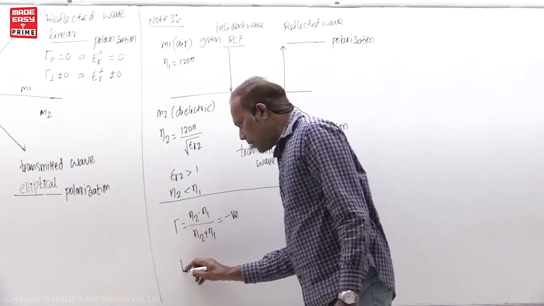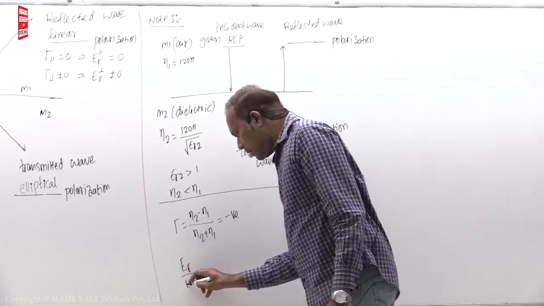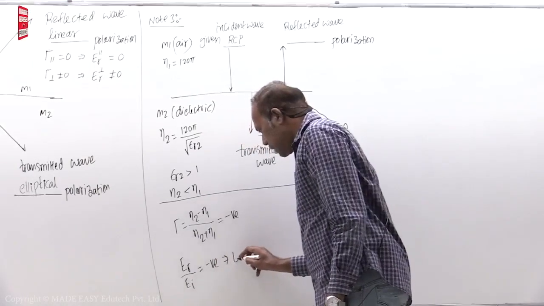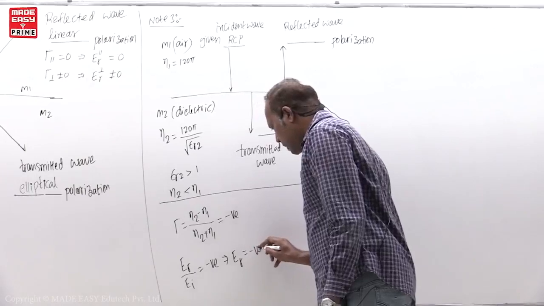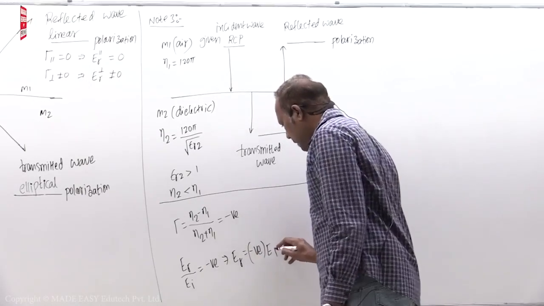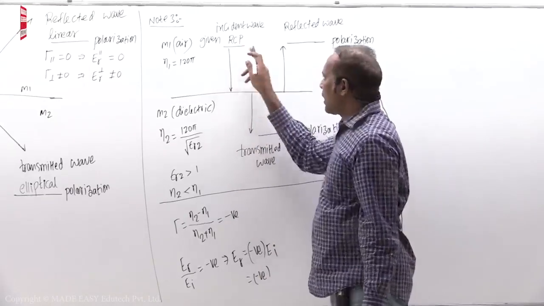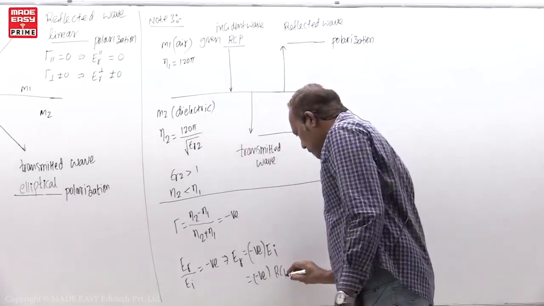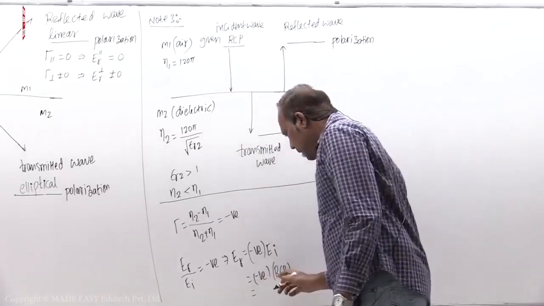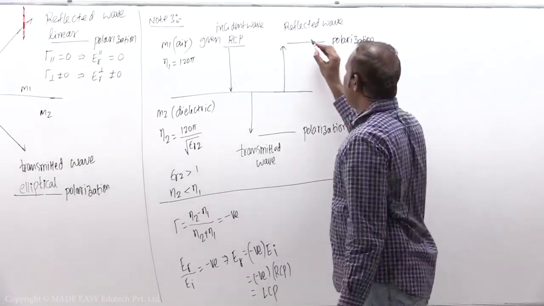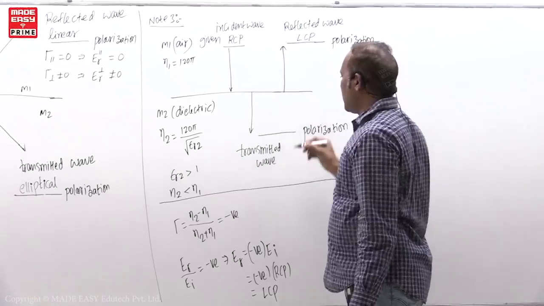So ER divided by EI is negative. That implies ER is equal to negative into EI. Incident is given as RCP, so the negative of RCP, the opposite of RCP, is LCP, students. So the answer is left circular polarization.